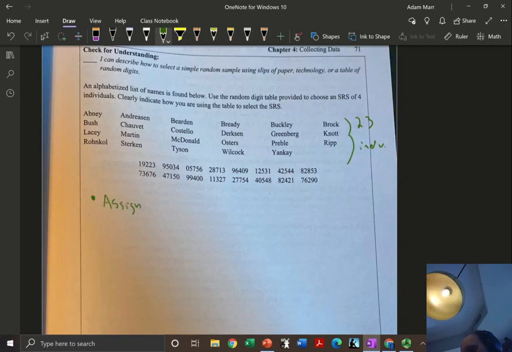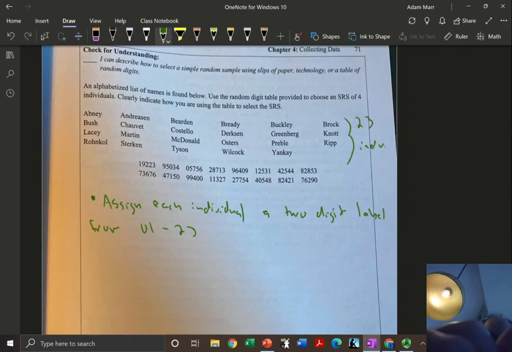So we're going to assign each individual a 2-digit label from 01 to 23. And remember from the slides, I said the steps are label, we randomize, and then we select.